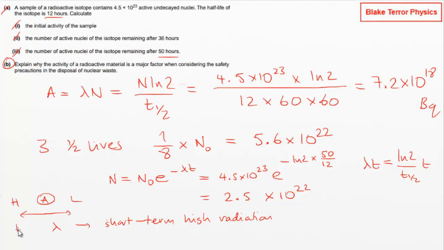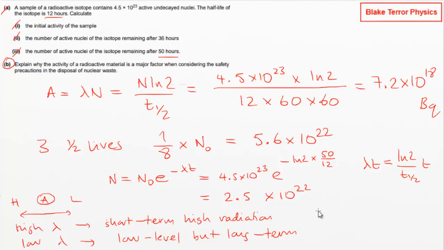That's for a high decay constant. If you've got a low decay constant or low activity, then you've got low level but long-term radiation. So you need to be able to deal with the consequences over centuries of what this low-level ionizing radiation is going to be doing.